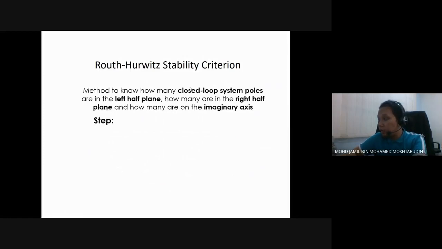In the Hurwitz criteria, there are two steps in determining the stability. First, we generate the Routh table or the Hurwitz table. Secondly, we interpret the table. So let's look step by step at how to generate the table and how to interpret the table.